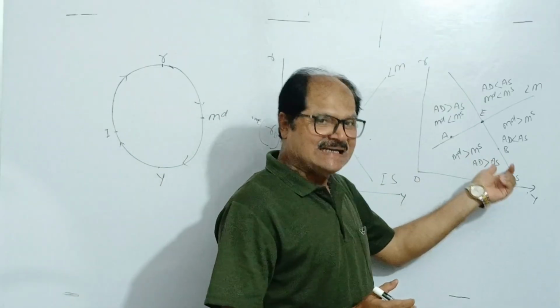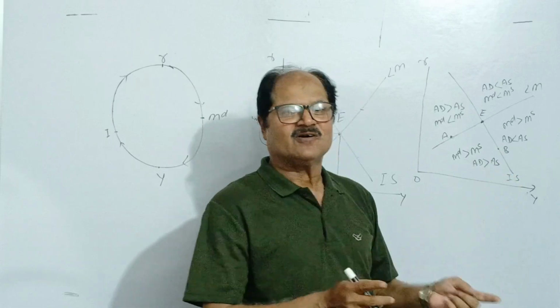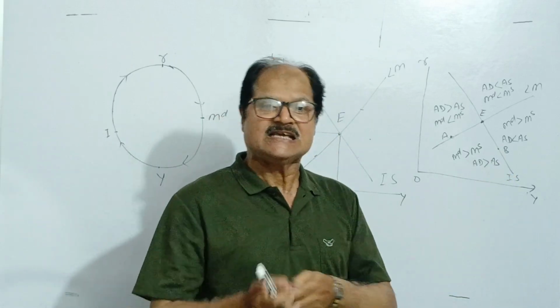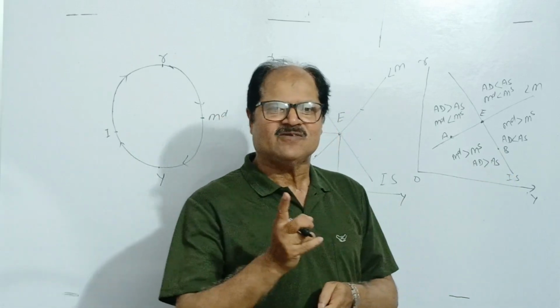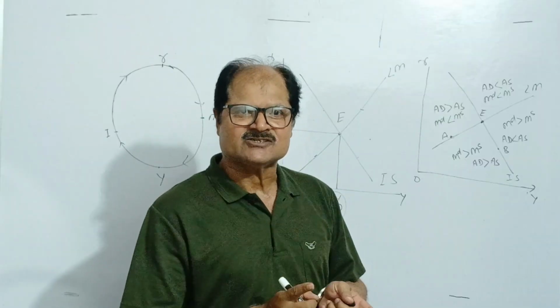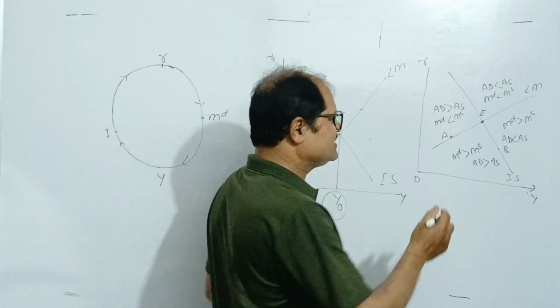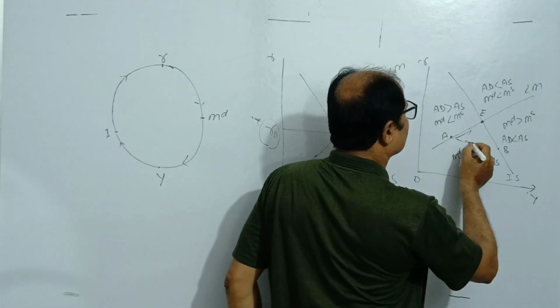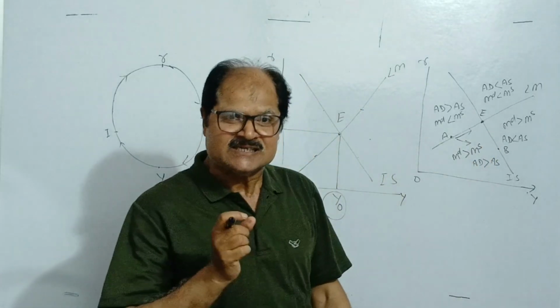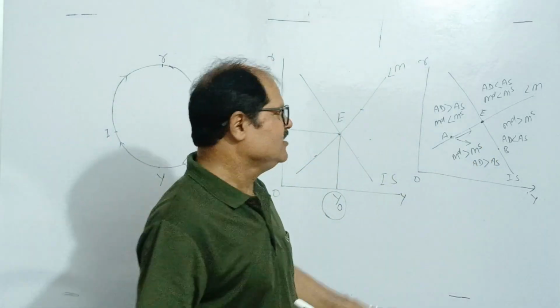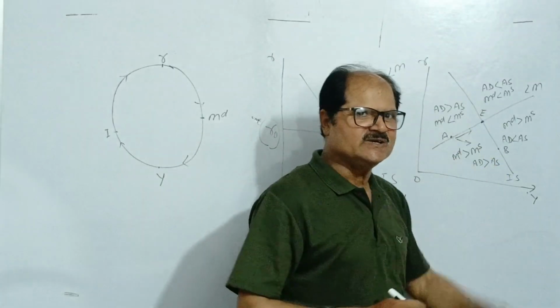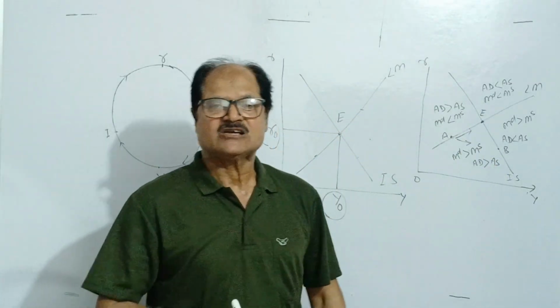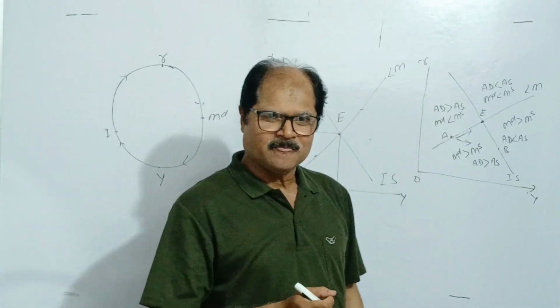When income increases, demand for money also increases, and given the money supply, when demand for money increases, rate of interest also increases. So the adjustment process goes on, rate of interest increases and income also increases. The process continues till we reach this point where equilibrium is achieved.